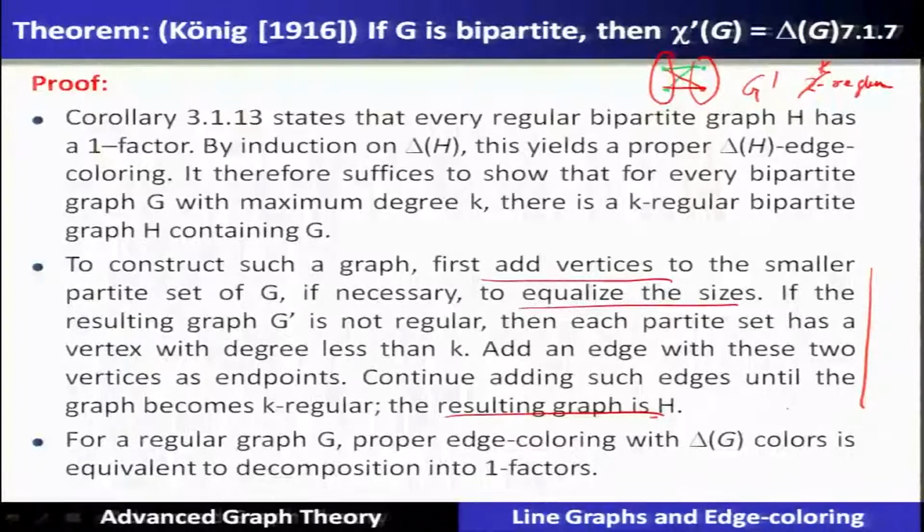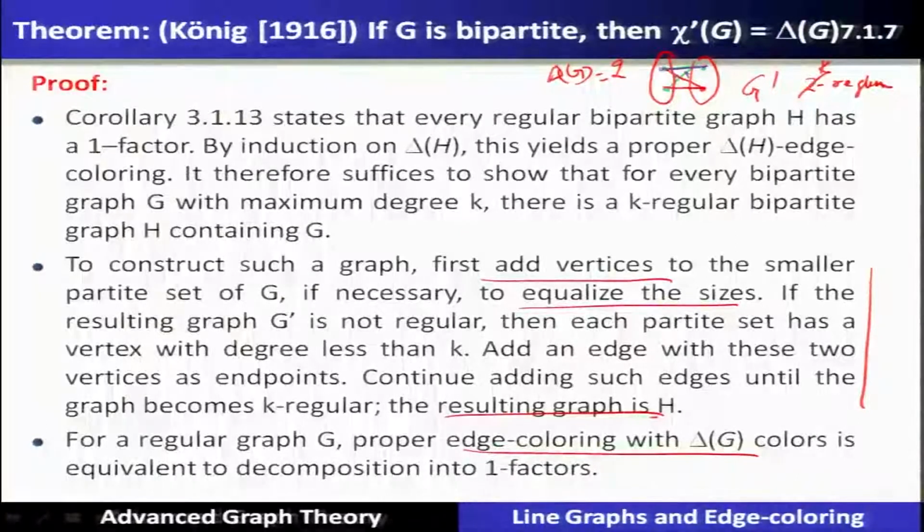Having done that, you know that big delta G of this particular graph is 2. So we can obtain an edge coloring with at most big delta G colors. Let us say we color this edge; then we cannot color the other edges incident on these vertices with the same color.